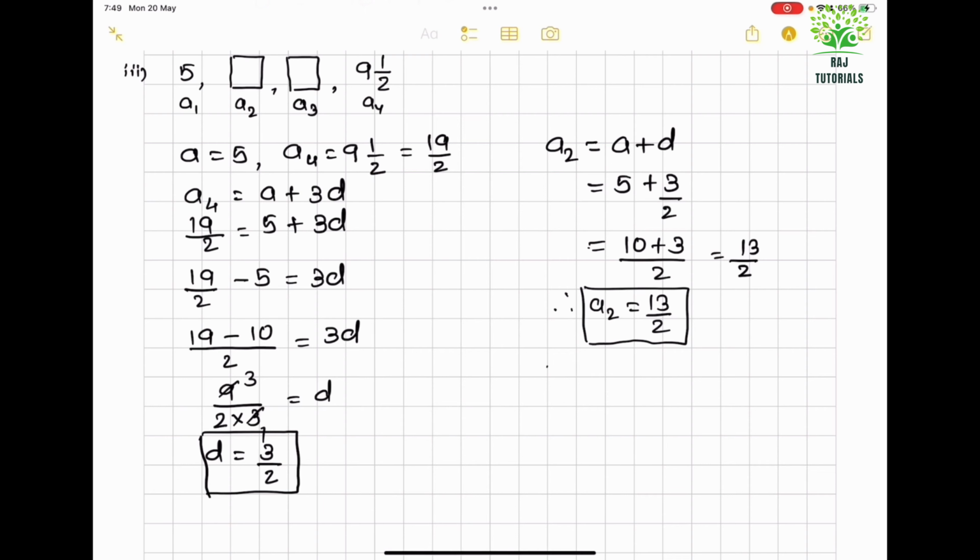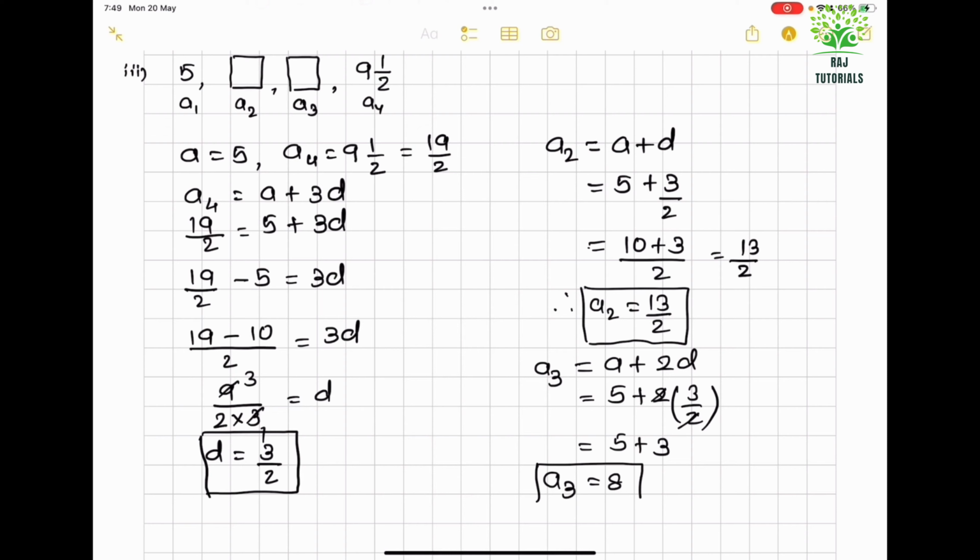And A3 will be A plus 2D. 5 plus 2 into 3 by 2. 2 cancels. So 5 plus 3. A3 will be 8.